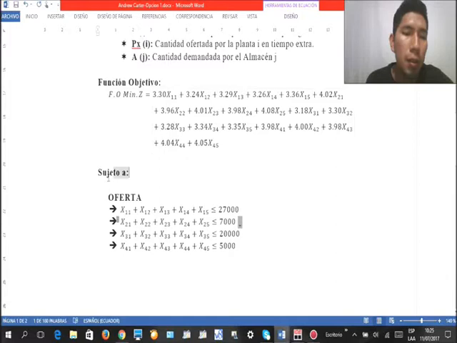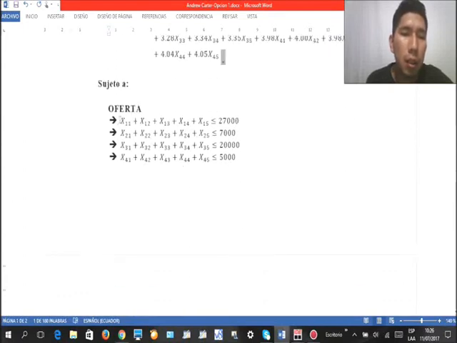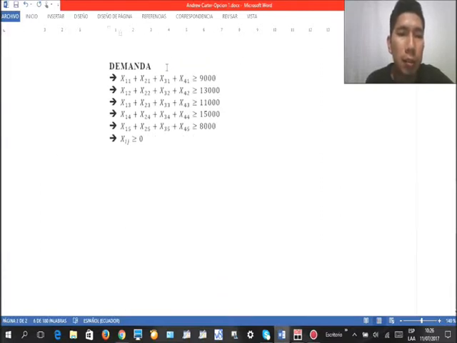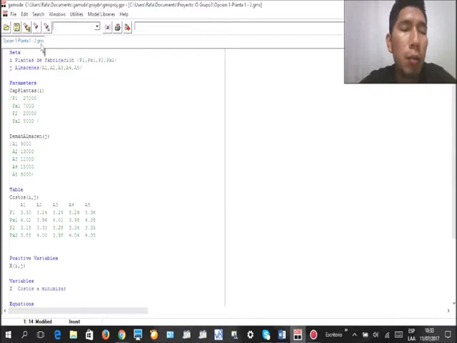Also, the constraints. The constraints are offer and demand. The offer constraints are 4 and the demand constraints are 5, and the non-negativity constraint. Now we can solve the linear programming problem using GAMS.